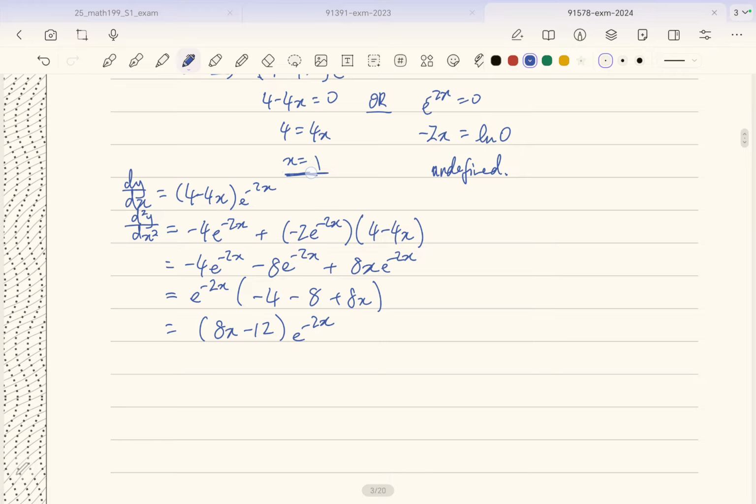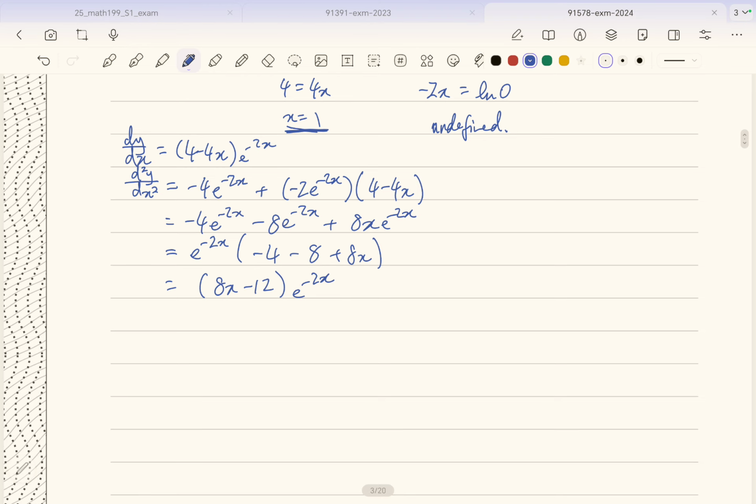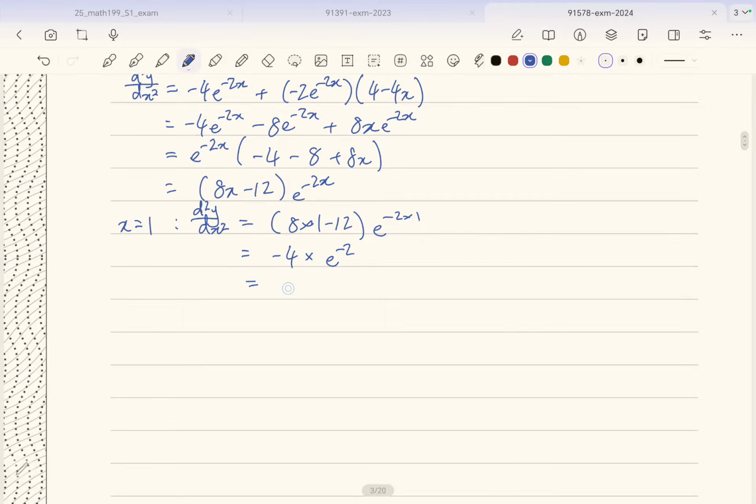Our stationary point is at x equals 1, and we're trying to find its nature. So we'll sub in x equals 1 into the second derivative. It equals 8 times 1 minus 12 times e to the negative 2 times 1, which becomes negative 4 times e to the negative 2, which is obviously a negative number, but you can always write down that's negative 0.541.